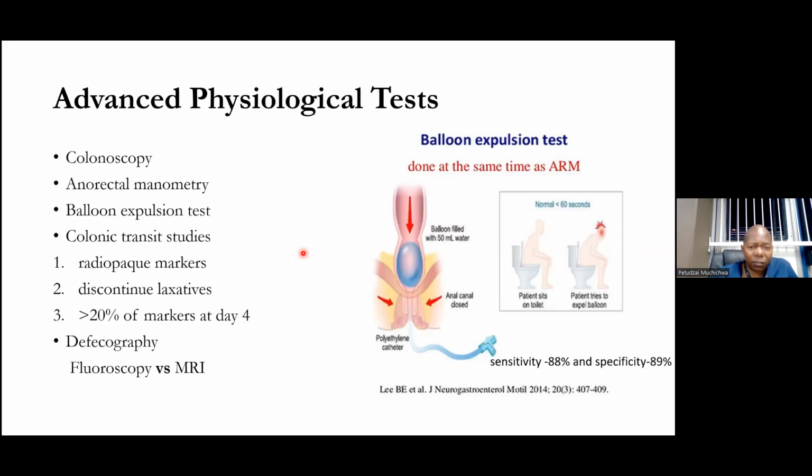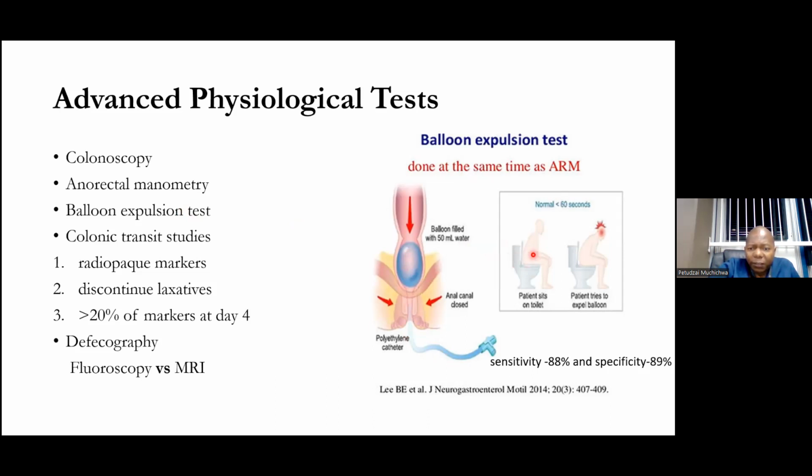I have a slide on anorectal manometry, also showing us the types of dyssynergia that we have. In terms of a balloon expulsion test, what we do is put the balloon in the rectum, inflate about 50 ml of water in it, and ask the patient to pass the balloon in the chamber.